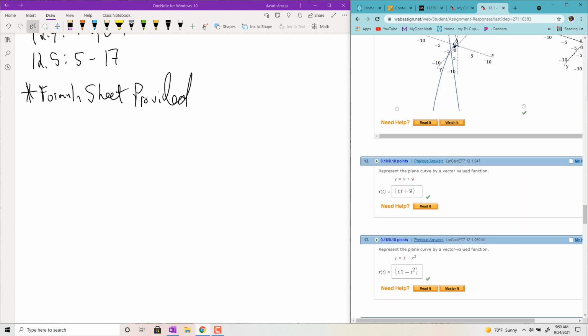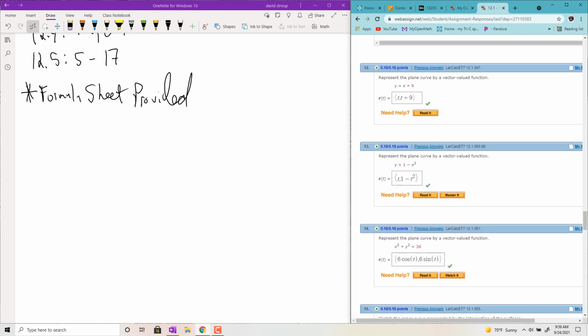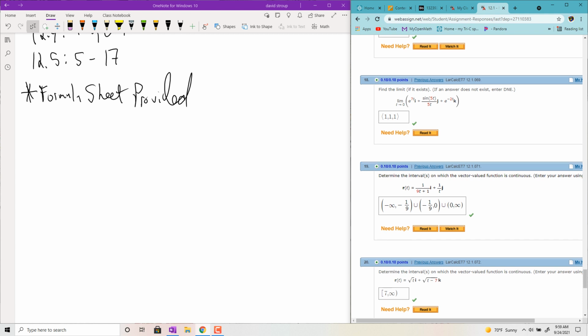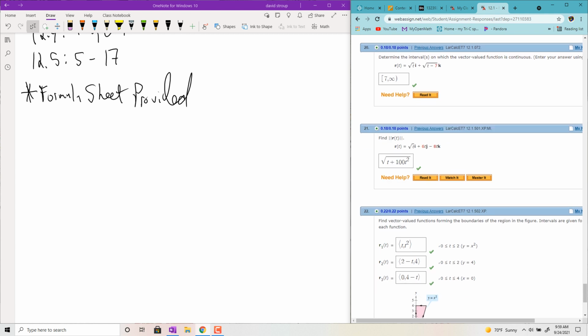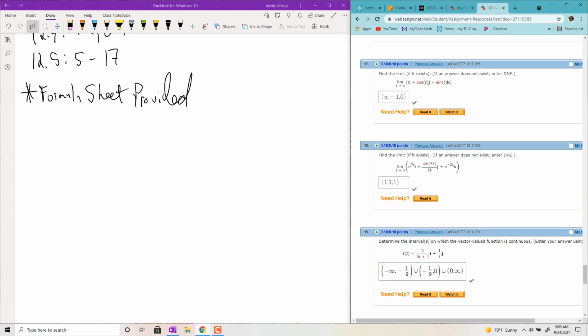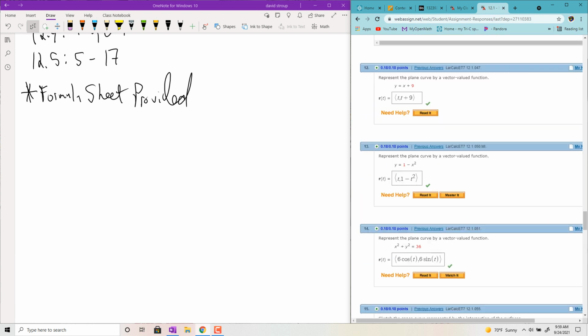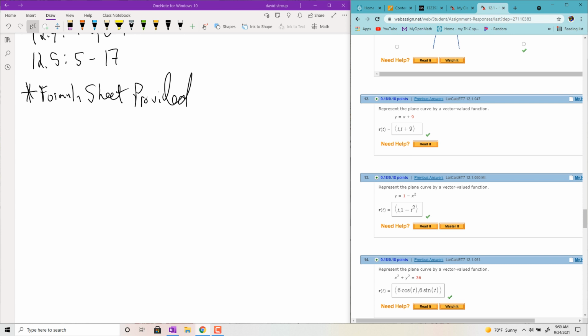But definitely representing plane curves with vector valued functions is a possibility. And then we also have limits and continuity. So domain, limit, continuity, a little bit of graphing, and representing plane curves with vector valued functions. Okay, so let's look at 12.1.